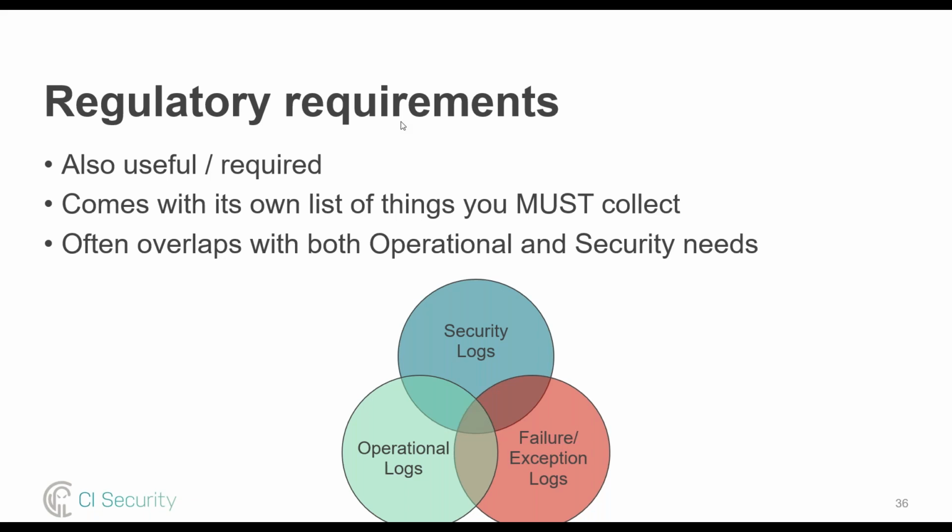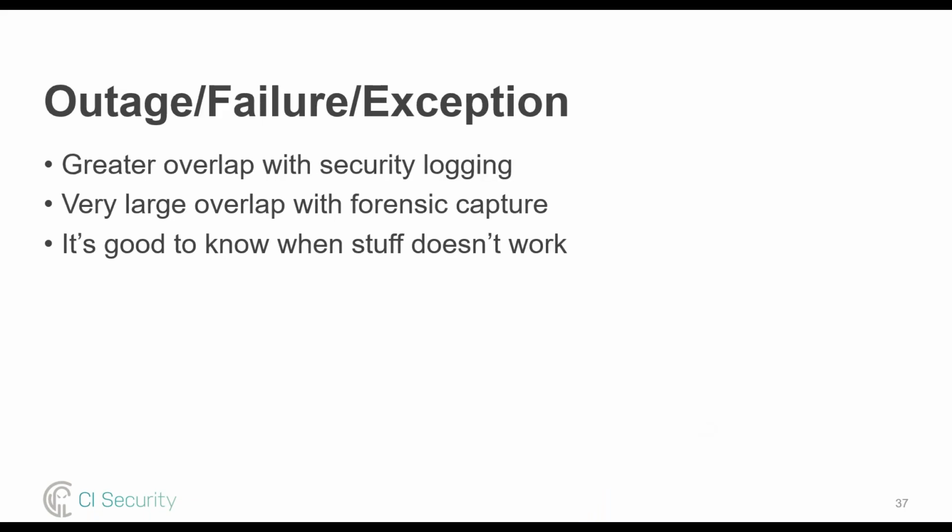I think it goes back to, why aren't you turning off your NT4 boxes, from Brandon's talk? You don't turn those boxes off if they're each generating $1 million a day. You make sure you meet your regulatory requirements because they might cost you $1 million per day. So it usually comes with a very prescriptive list and overlaps with operational and security as well.